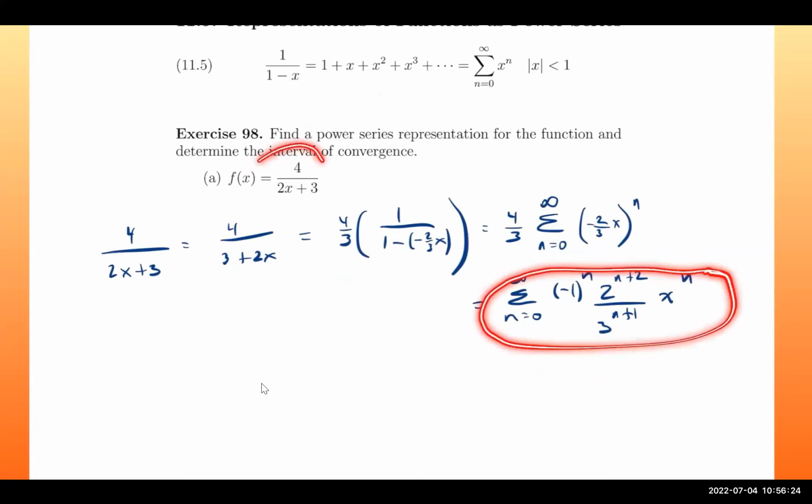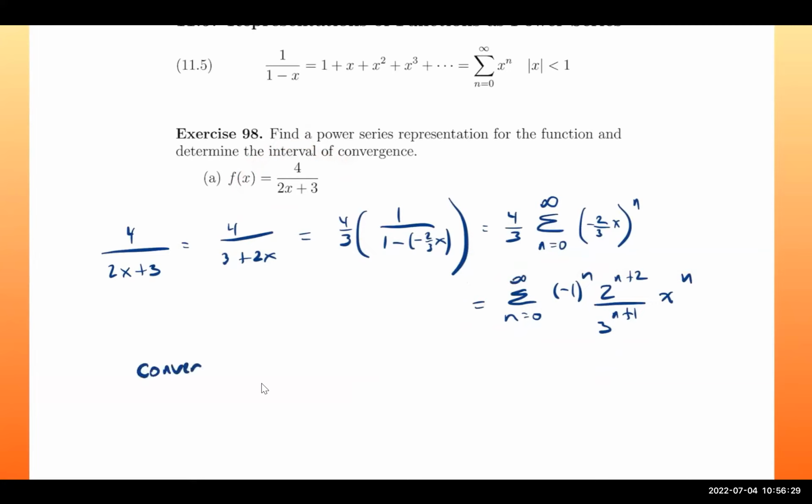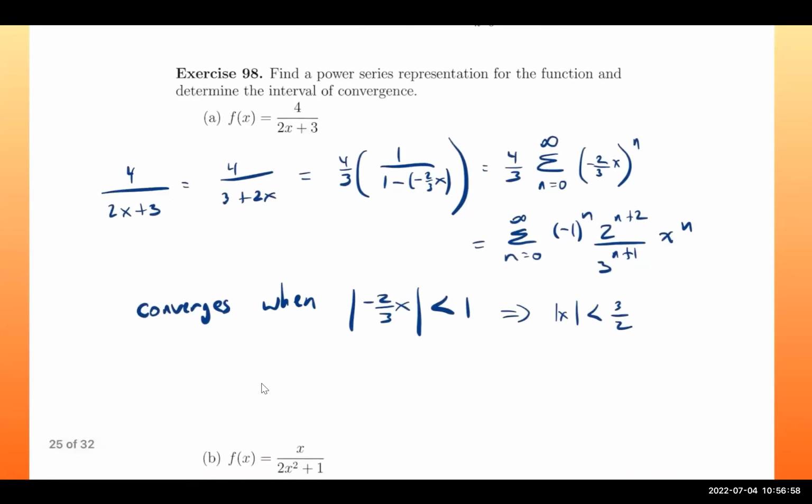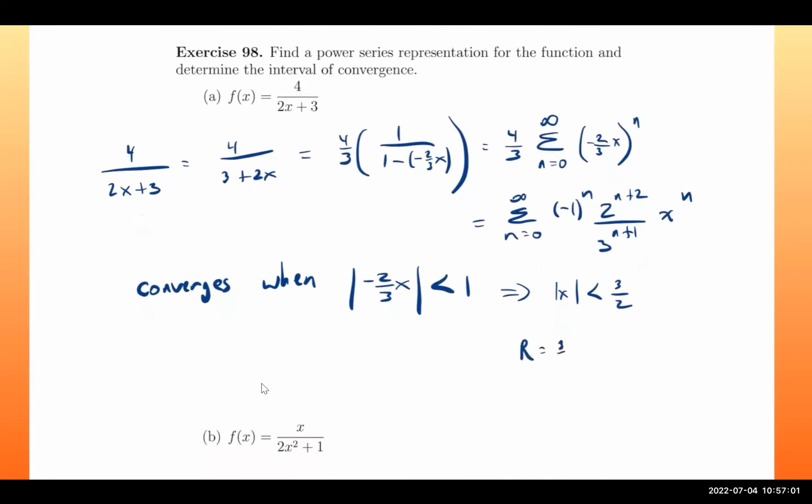So this is a power series representation of this function, and it converges when this is true. In this case, our x is this. So when the absolute value of negative 2 thirds x is less than 1, that implies that the negative is going to disappear, and then you multiply by the reciprocal, so the absolute value of x is less than 3 over 2, and that's our radius of convergence.